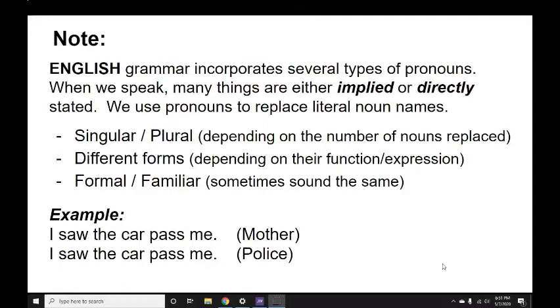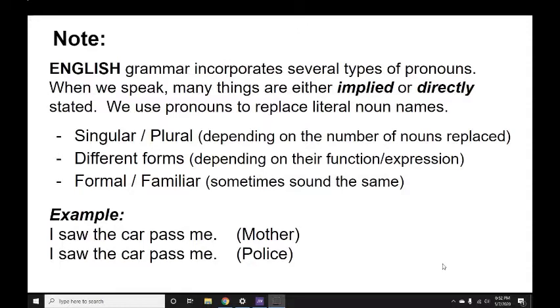For instance, if we're talking to a police officer, like in the example we have, I saw the car pass me. To my mother, I would say, I saw the car pass me, and there's no issue with that statement. I can say the same statement to a police officer, I saw the car pass me, and my body language, my facial expression, my stance, and everything about how I'm saying that sentence implies a certain level of respect.